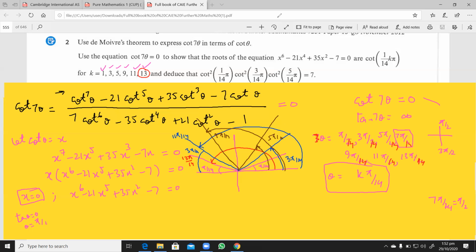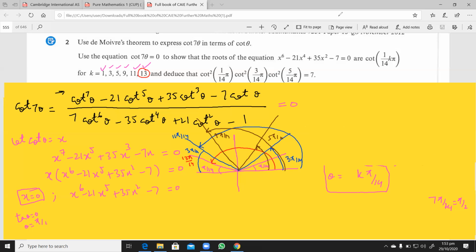Now, just see what is going to happen here. We have to show that this is equal to 7.